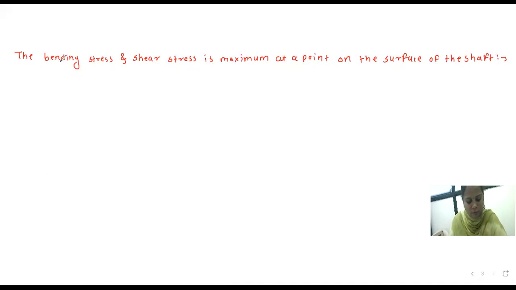So first we will consider R, which is equal to capital R, which is equal to D by 2, and Y, which is equal to D by 2. For that I will give an explanation. Suppose this is our circular shaft, and here this is the CG.